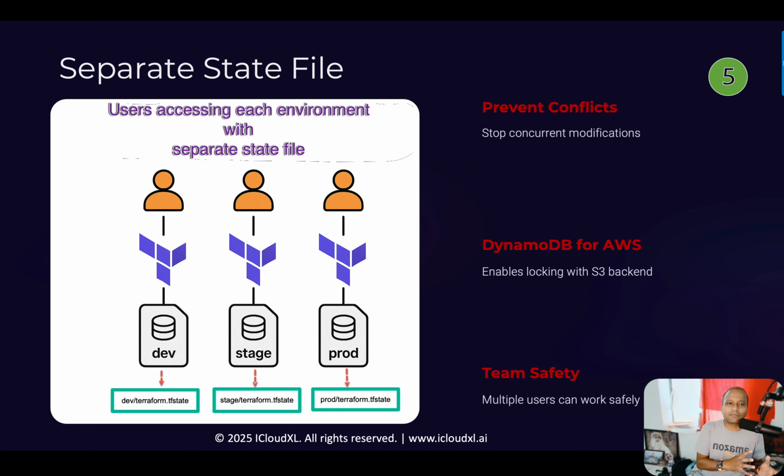But the web servers you can change on a daily basis, adding new instances or updating any properties of the instances or adding new EBS volumes. In that case, you keep the web server stack separately, and each stack will have its own state file. So there will be very little manual error, and chances are very low of state file corruption.